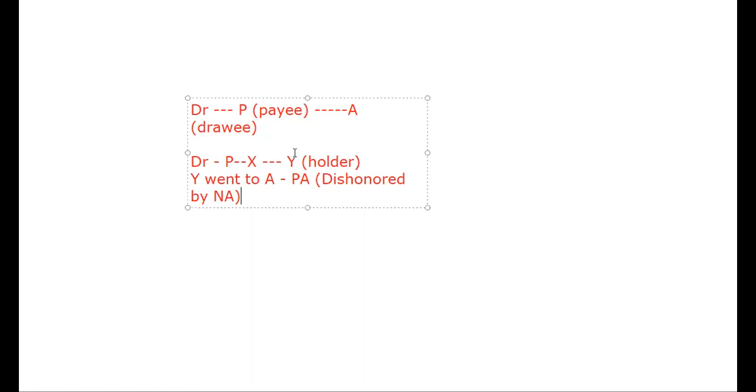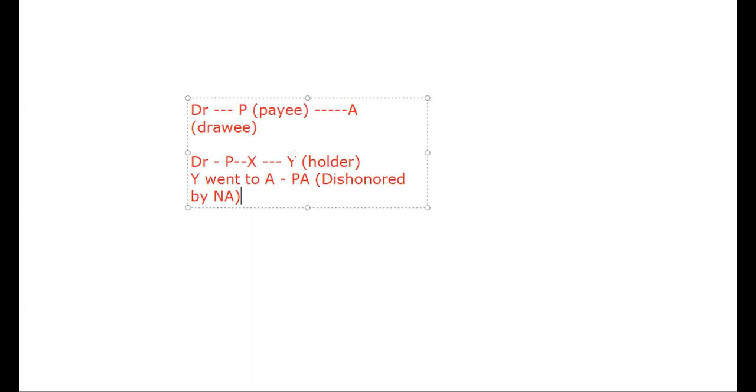So, halimbawa, di ba sabi ko kanina, if the instrument has been dishonored, Y should now serve notice of dishonor to the drawer, to P, and then to X. Di ba? Because P and X, they are endorsers and they are also parties secondarily liable. And since the instrument has been dishonored and since you have also notified them of the fact of dishonor, then it follows that P and X are also now liable to Y.